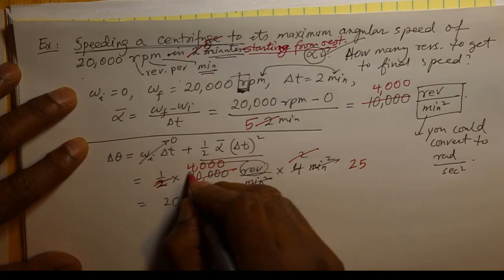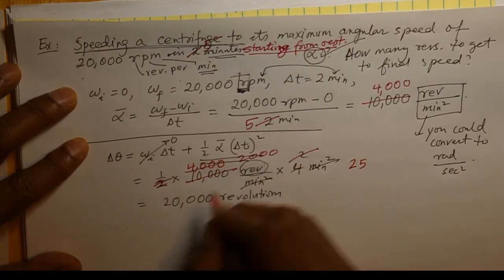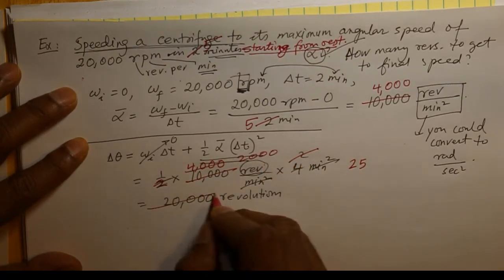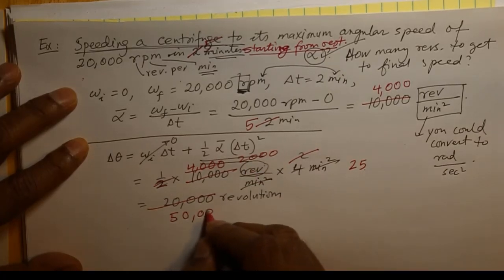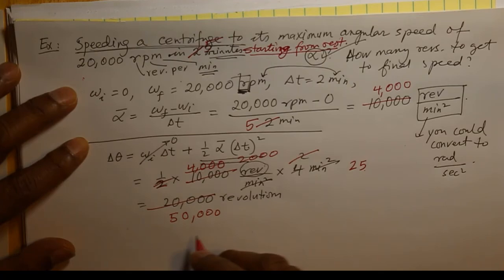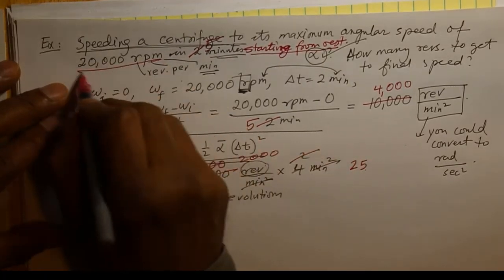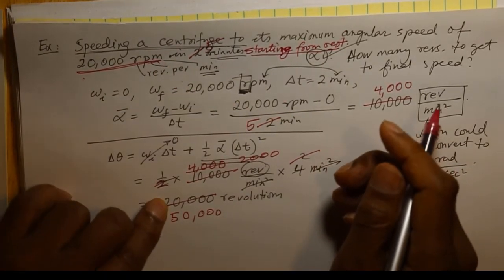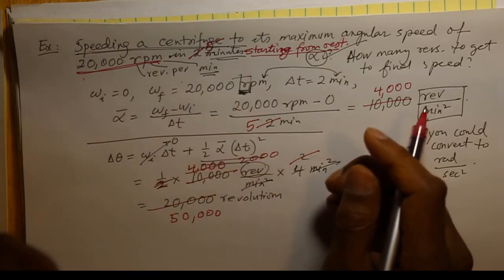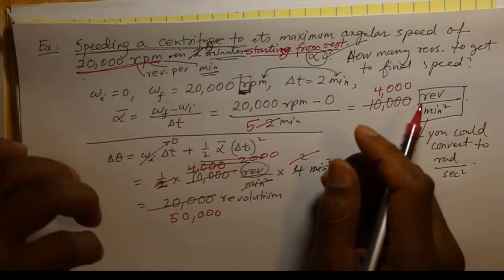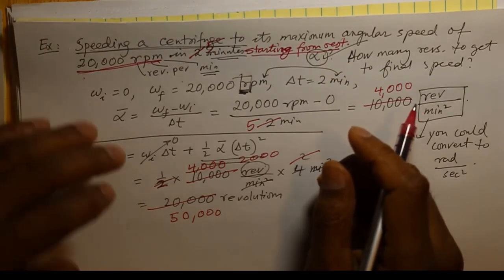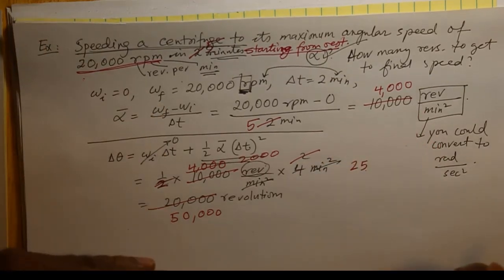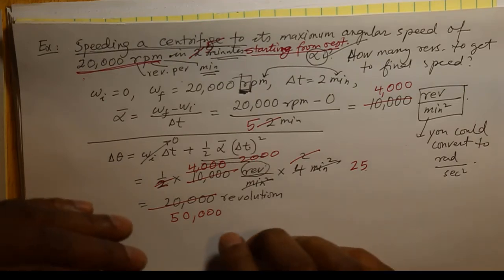Leave the 2 alone, so 2 with 2,000, and when I multiply, I have 50,000 revolutions. So the original answer was just fortuitous. It just happened that those numbers worked out nicely. So don't try to guess that it's the same. You have to work through it, and then you will get the correct number.